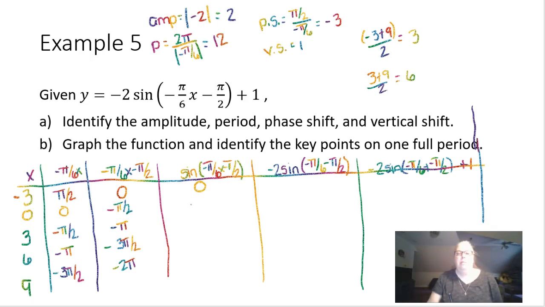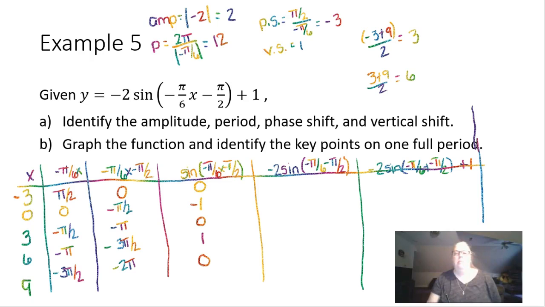So the sine of 3 pi over 2 is negative 1. Negative pi, that's the same as positive pi, where the sine is 0. Negative 3 pi over 2, that's going to take us all the way up to positive pi over 2, and the sine there is positive 1. And then negative 2 pi, that's just a full trip around the circle. That's the same thing as positive 2 pi, where the sine is equal to 0.